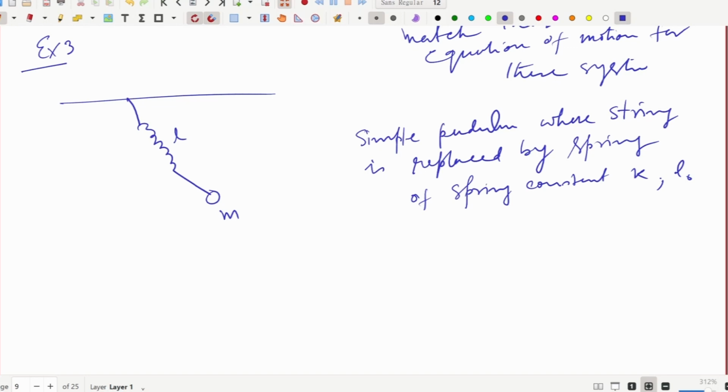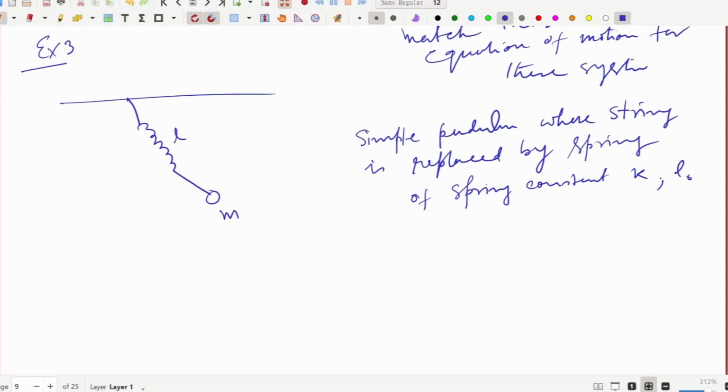Whenever we talk about spring, we always talk about its rest length, and if we don't, then we can assume this length is 0. This is again a pendulum problem, and you know how to deal with it, but there will be additional potential energy due to the spring.